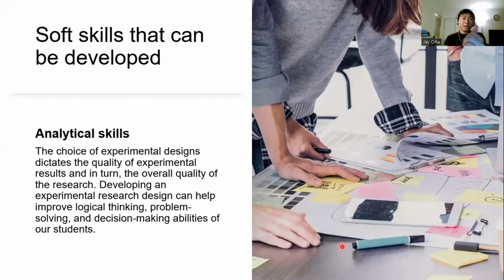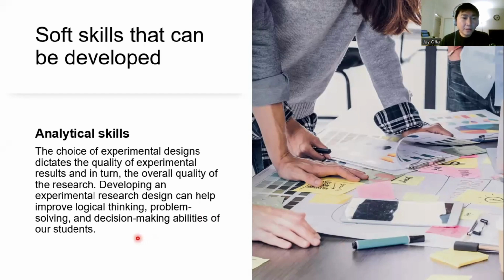So let us now tackle some of the soft skills. Let's move on to the soft skills that can be developed when we're developing a research and experimental design. One of those is the analytical skills that we can develop among our students.